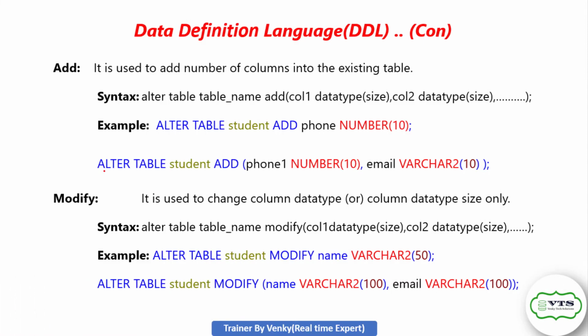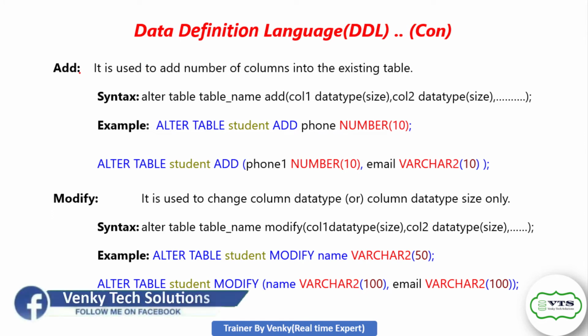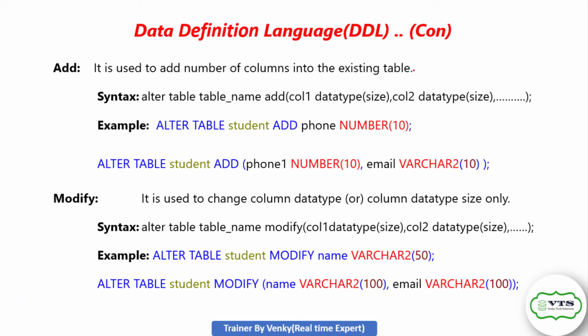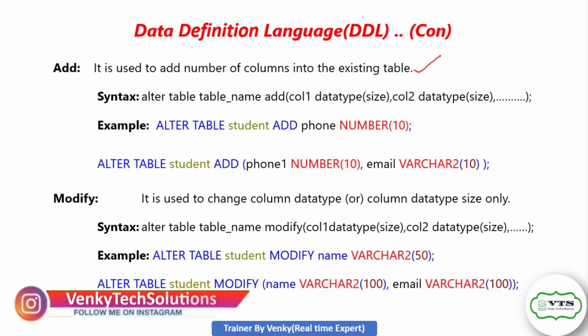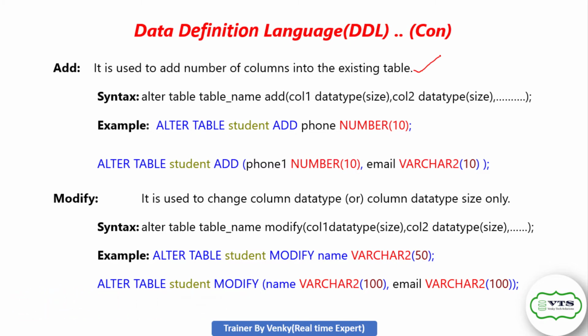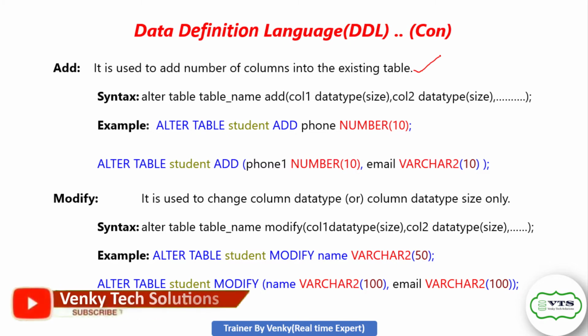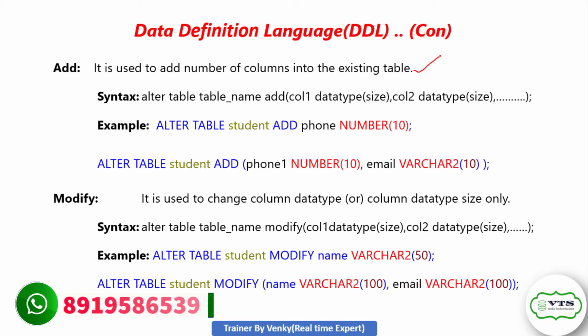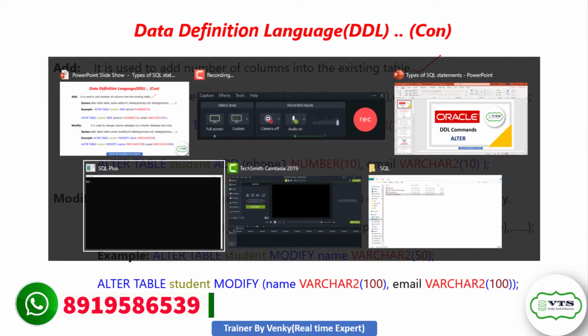Add is used to add a number of columns. By using the add keyword we can add a number of columns into the existing table. For example, we have already created one table in the existing database. If you want to add any other columns, you have to use the add keyword along with the alter command.